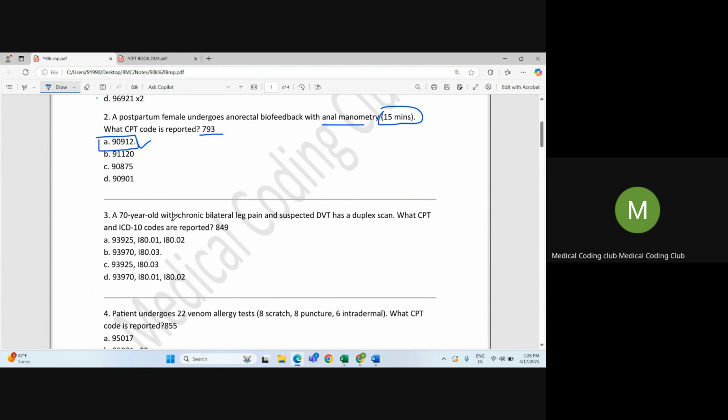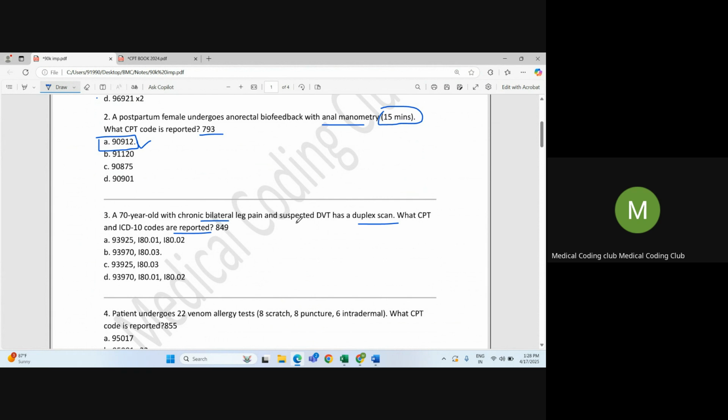A 70-year-old with chronic bilateral leg pain and suspected DVT has a duplex scan. What CPT and ICD codes are reported? So you can see they have asked for both CPT and ICD. The procedure they have utilized here is a duplex scan.